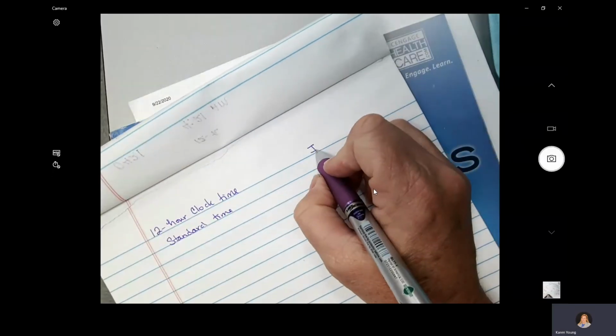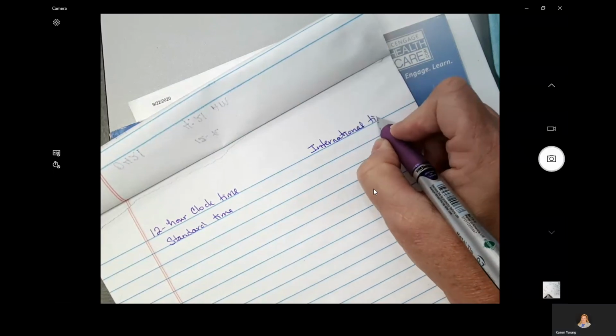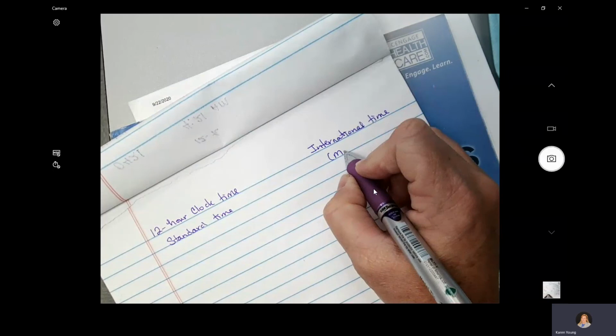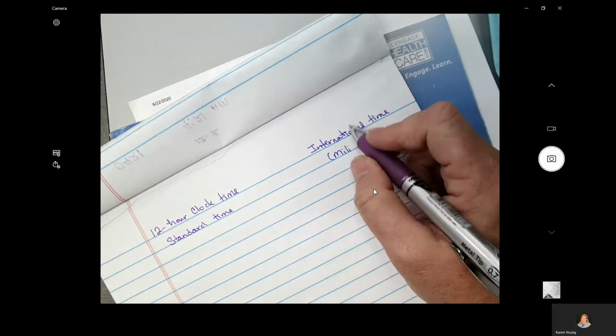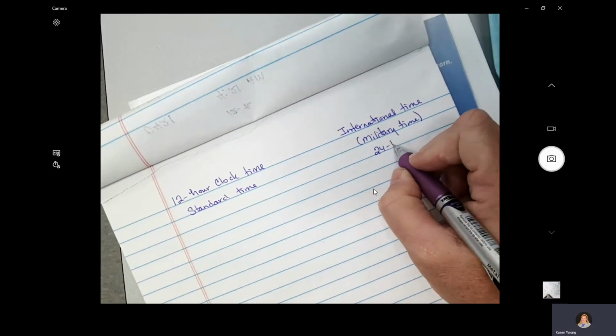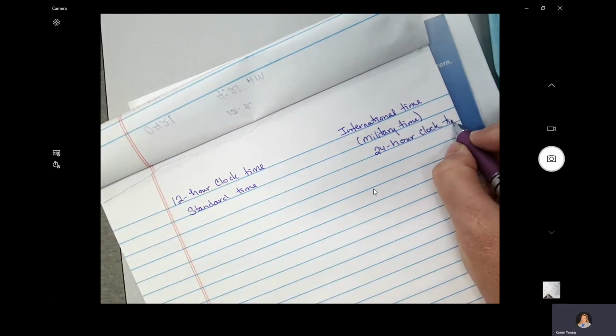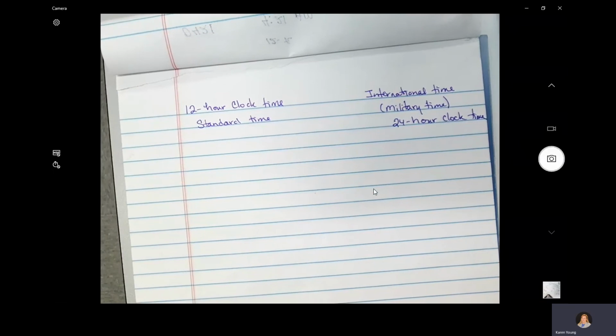And then we have our international time, which is also known as military time. I'm going to have to look up how to spell military. I feel like I'm spelling it wrong. But it's military time. It's 24-hour clock time. So in the healthcare profession, when you're recording things in a patient's chart, it's all going to be recorded in 24-hour clock time, or military time, or international time, whatever it tells you.